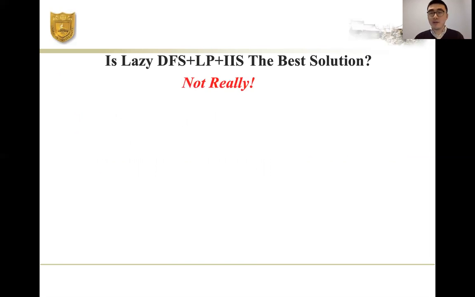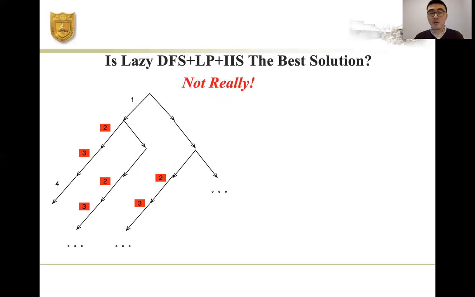Still, not really. Why? For example, in this graph structure, we say 2 and 3 conflict with each other. So you may just backtrack here and then backtrack there. In the future, you may travel these 2, 3 path segments again and again.